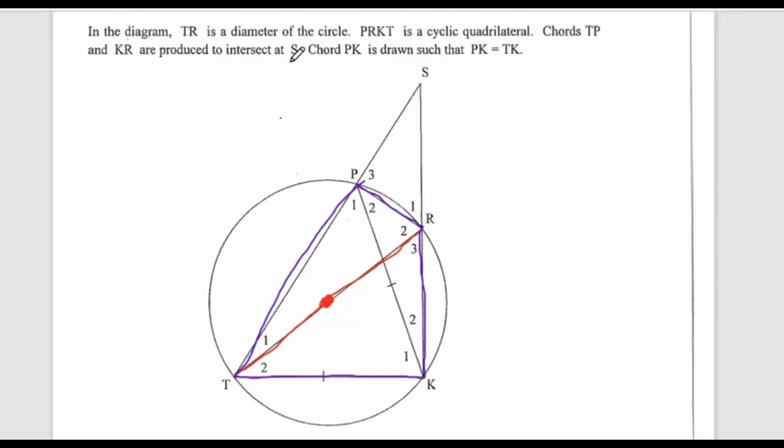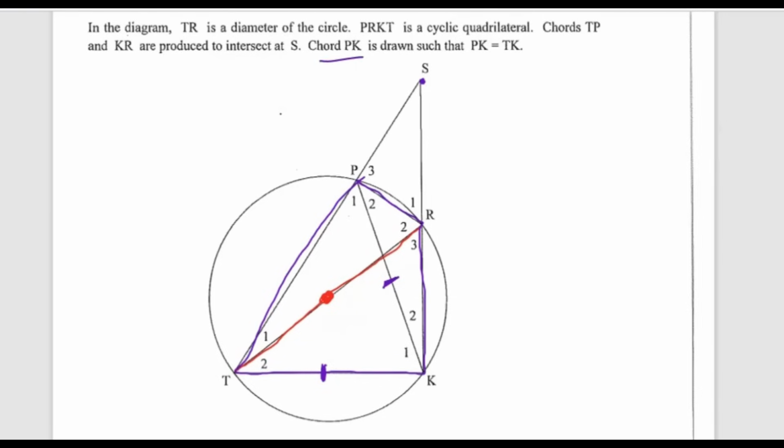And then the chords TP and RK are produced to intersect at the point S. Chord PK is drawn such that PK, this one, is the same as this one, TK and PK.